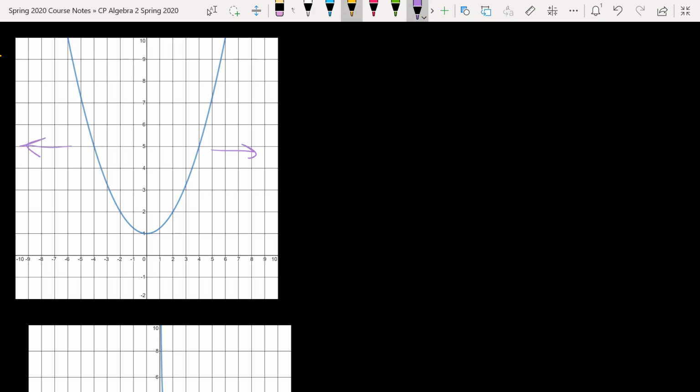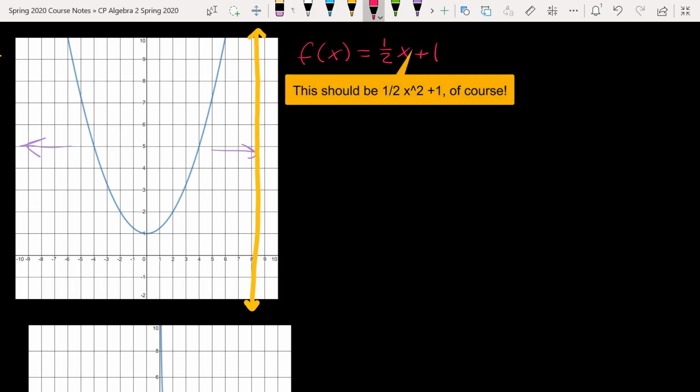A vertical asymptote will exist in this case if there's some x value this graph will get closer and closer to, but there'll be some point where there are no x values on the graph that are on this line or to the right of that line. Is that the case with the parabola? Well, glancing at this one, it looks like the equation for this parabola is 1/2 x plus 1.